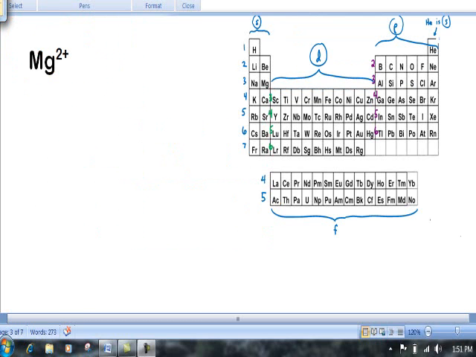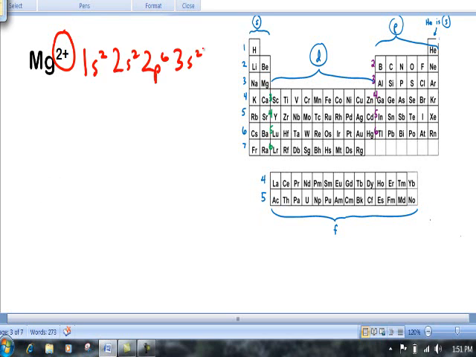Let's now take a look at a magnesium ion. By virtue of being a positive 2 ion, that indicates that this ion, compared to the atom from which it comes, has 2 less electrons than the actual atom. Now magnesium, the atom, had this electron configuration: 1s2, 2s2, 2p6, 3s2.